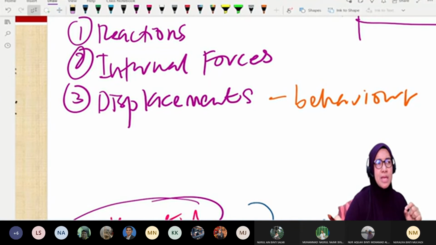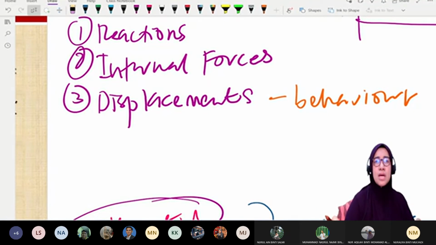Displacement will be one of the criteria that you need to consider whenever you design or model the building, to know whether the building is safe and we can proceed with the model.